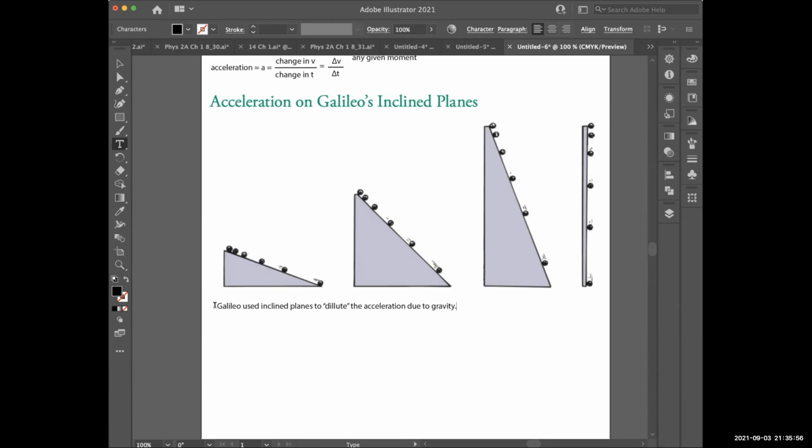A ball rolling down a very small slope incline is going to accelerate slower than one at a steeper incline, up until you're dropping it straight down.